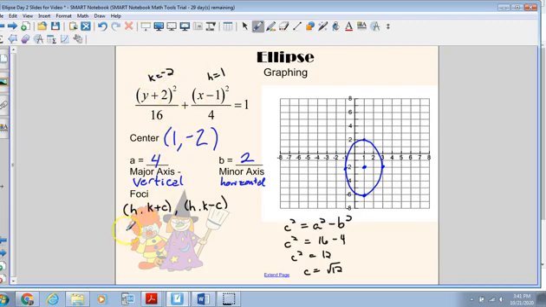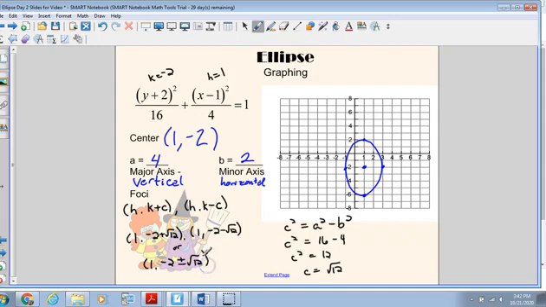So our focus points are (1, -2 plus the square root of 12), and the other one is (1, -2 minus the square root of 12). Now, if you prefer, you could write this as 1, -2 plus or minus the square root of 12.